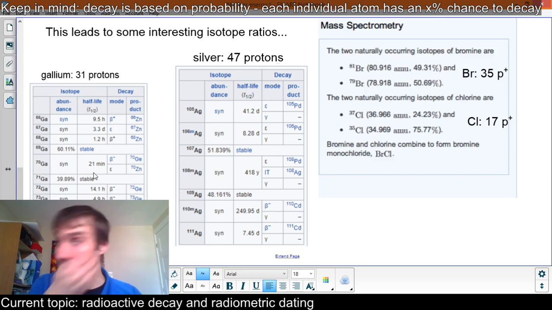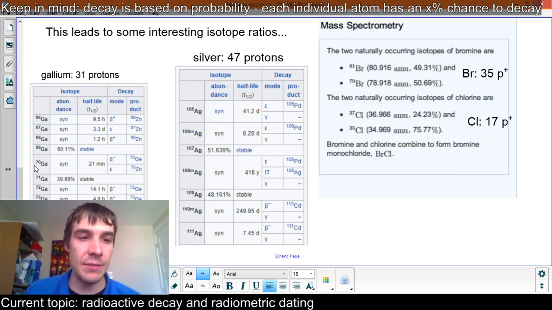And what does that 21-minute half-life mean? It means that after 21 minutes, half of the gallium-70 in your sample will become germanium-70. After two half-lives, after 42 minutes, we'll end up with a quarter of your gallium left, and 75% of it will be germanium-70.